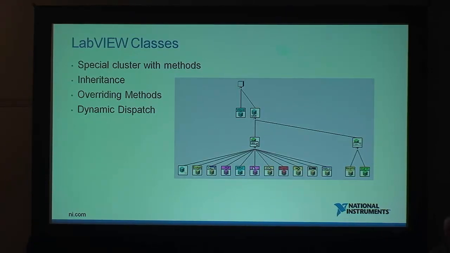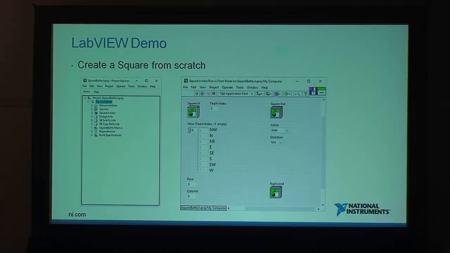And then when you use the parent wire in LabVIEW and pass that around, and then maybe call a child from that parent wire, that's called dynamic dispatch, which is what we use in SquareBattle to do these child classes. So it makes it really easy for people to write the competitor, the square, and plug it in, which is what I want to show. So I'm going to demo that here real quick.